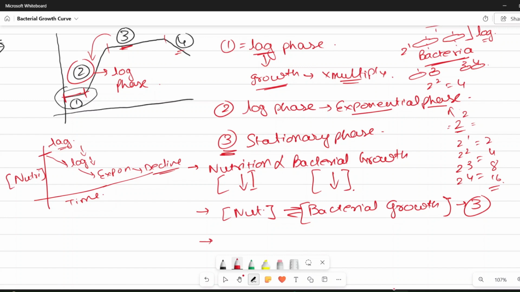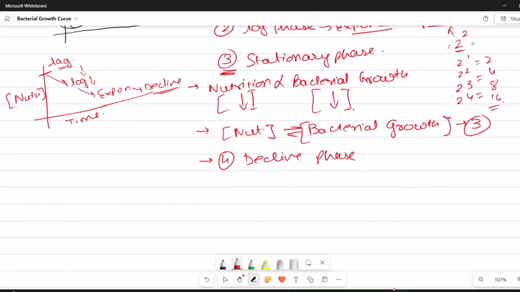Okay. Now comes the decline phase, which is the fourth stage, decline phase. So what is happening in the decline phase? During the decline phase, two things happen.